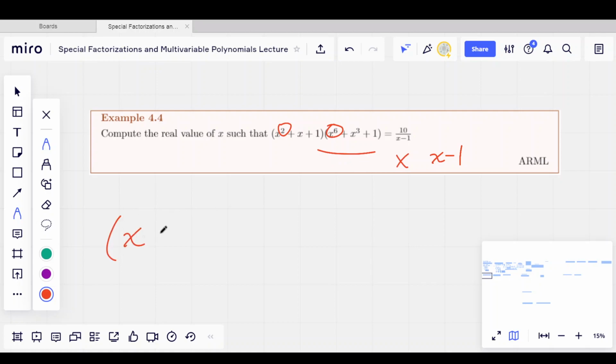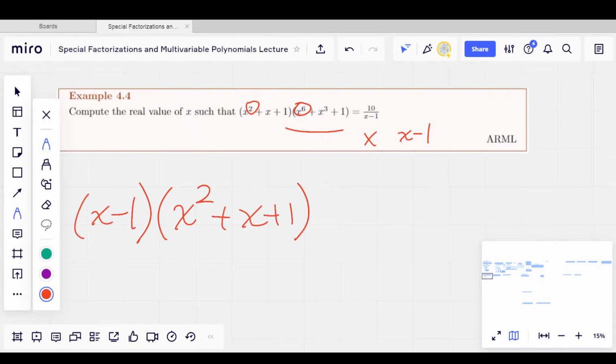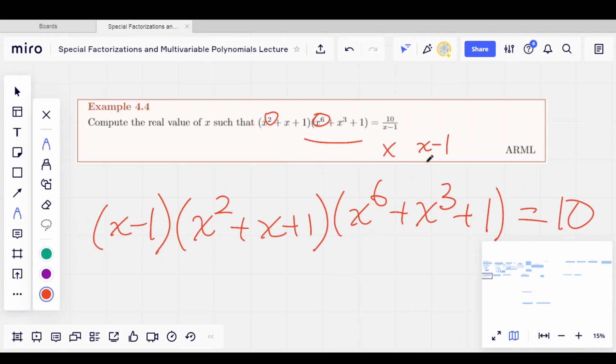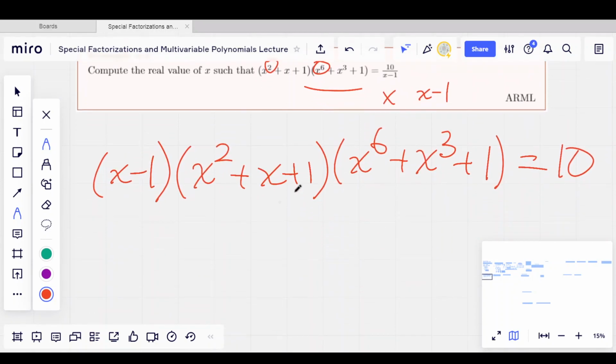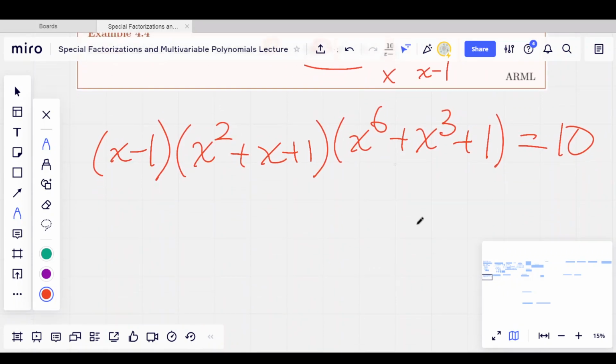And then this will give us this. As you can see, this is not really anything new. There's no polynomial work like in the last lecture, it is just using these factorizations.